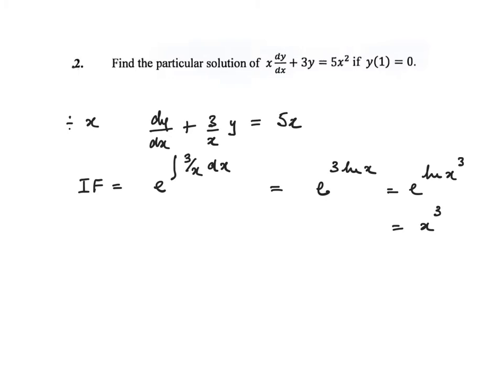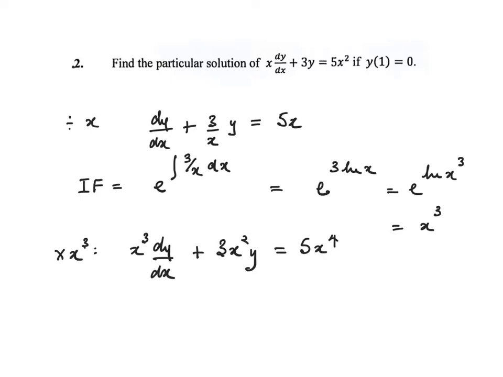Now if I multiply throughout by x cubed, I get x cubed dy by dx. X cubed divided by x is x squared, so it's 3x squared y. 5x times x cubed is 5x to the power of 4.